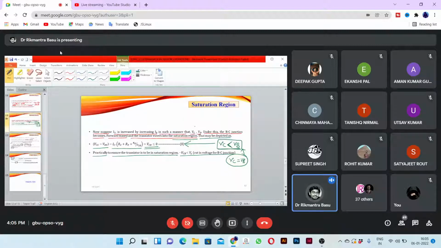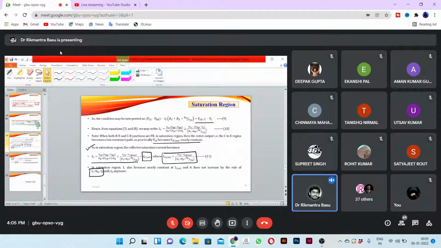So this particular condition you have to maintain if you want to go to the saturation region, that is, you want to make your switch on, or you have to restrict yourself up to this condition if you want to operate your transistor as an amplifier, because that ensures the last limiting point of the active region of operation.